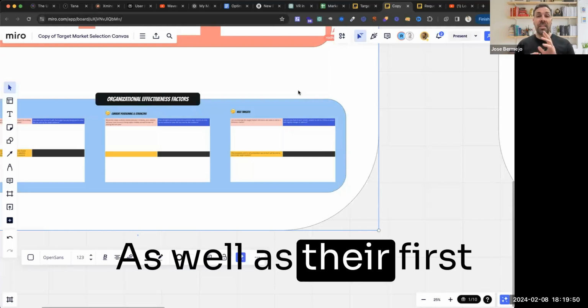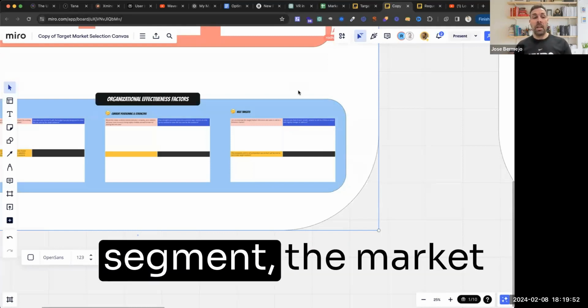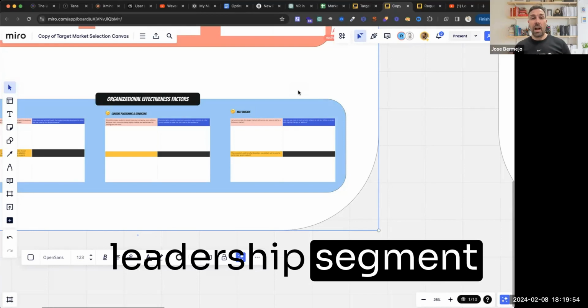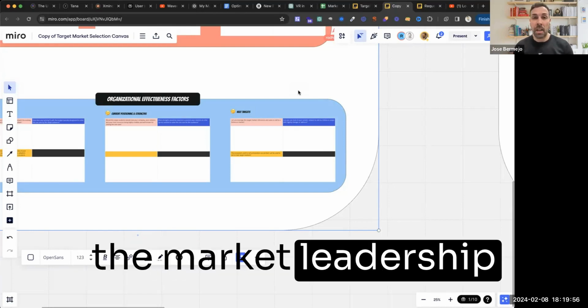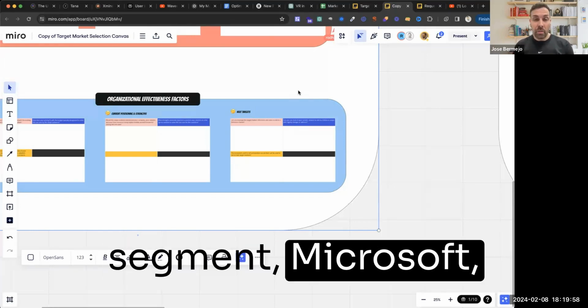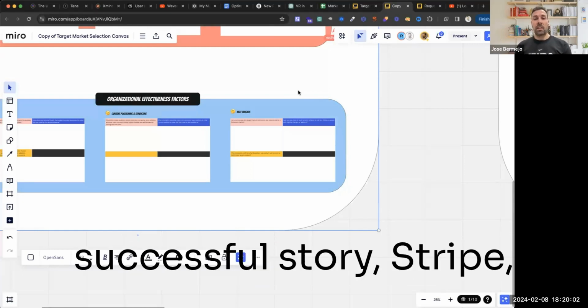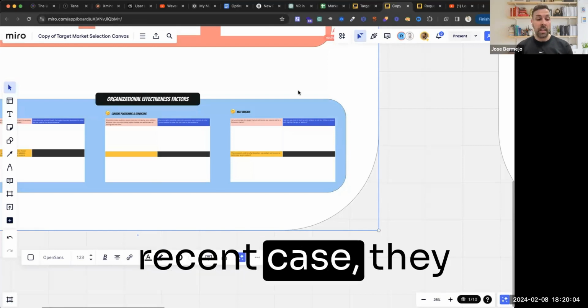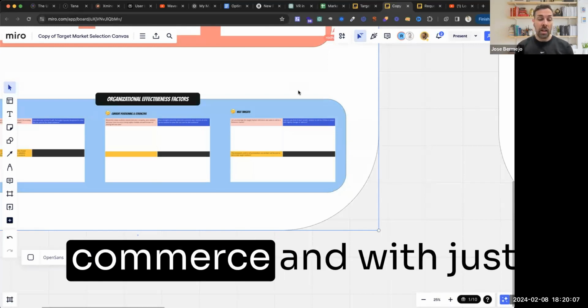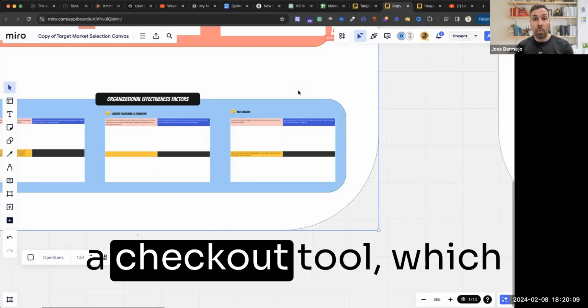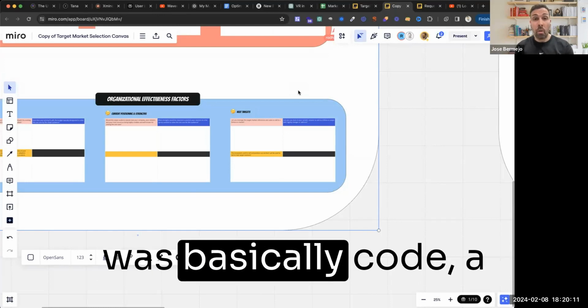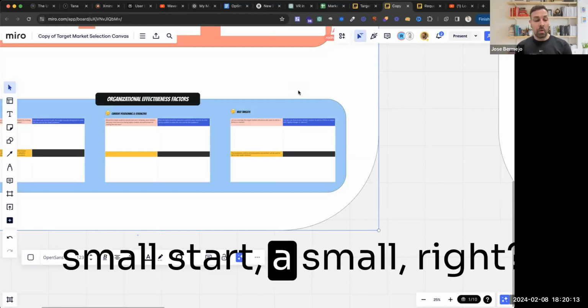This was their first market leadership segment. The market leadership segment for Amazon was books. The market leadership segment for Microsoft, they started with operating systems. So every super big successful story, Stripe, a recent case, they started with e-commerce and with just a checkout tool, which was basically code. Start small, right?